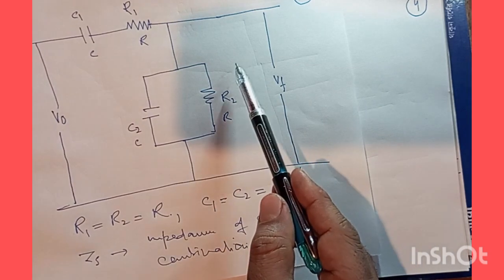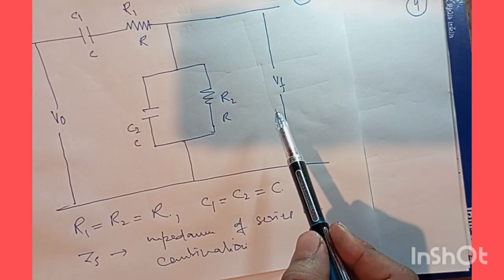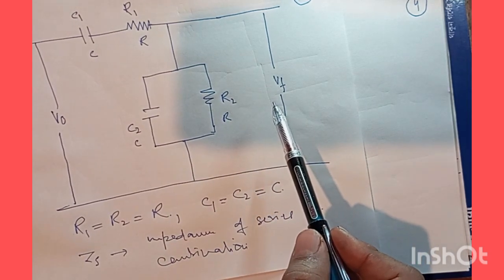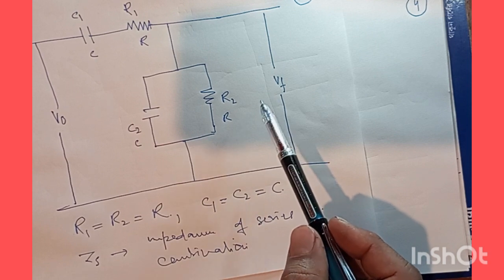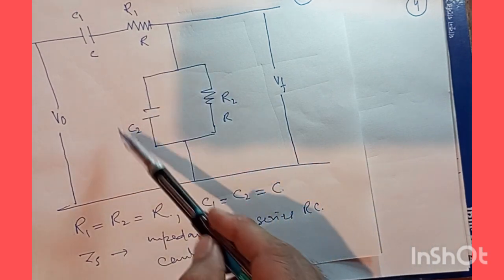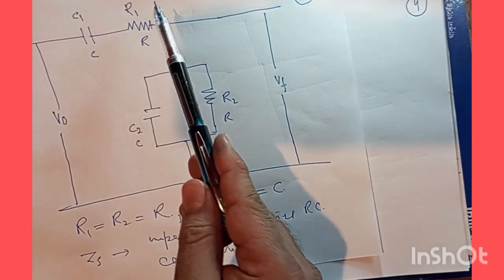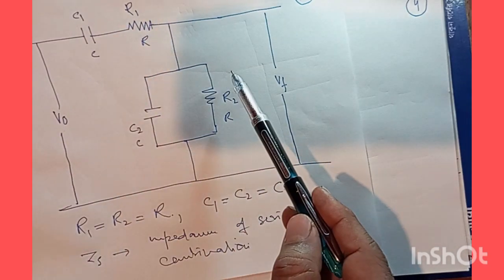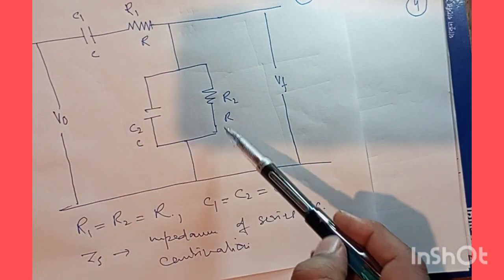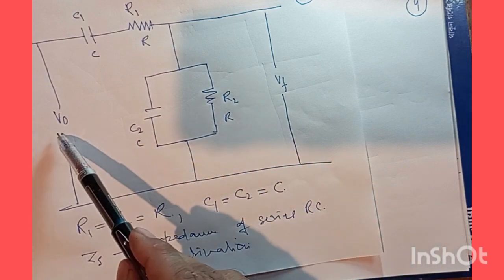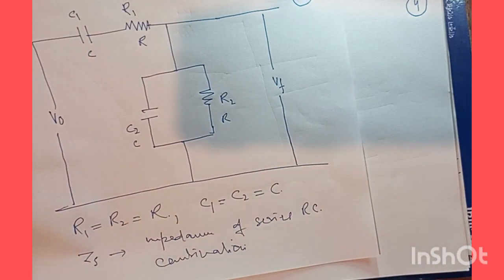Now this V feedback is going to be ZP divided by ZP plus ZS times the output voltage. That should be the situation here.